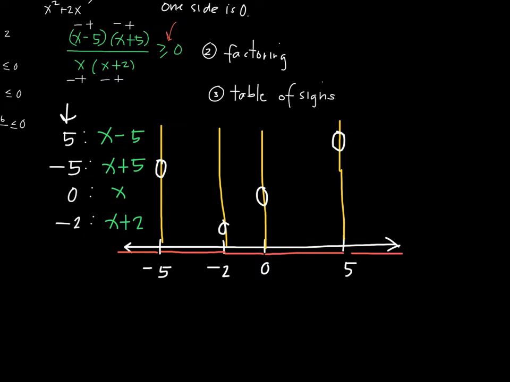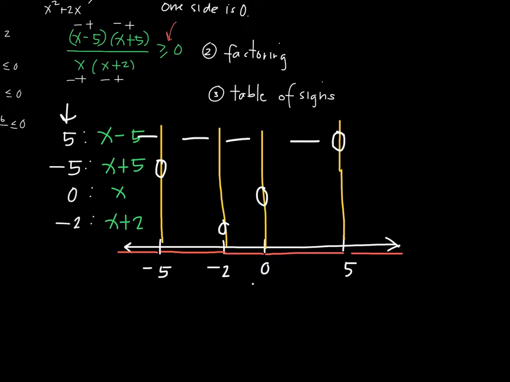So x minus 5 is negative under the 0 to 5 interval. If you do that also on the negative 2 to 0, that will be the same case. Like say negative 1 minus 5 is negative 6, so that's a negative sign. And then also a negative sign if you repeat the process.